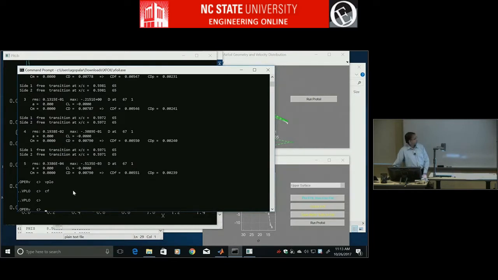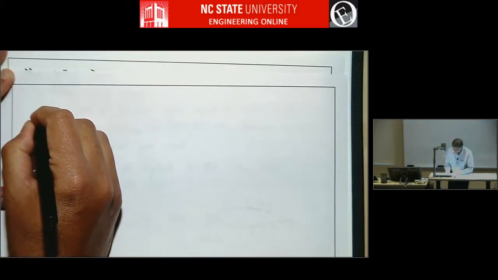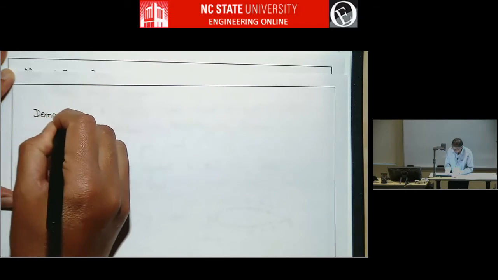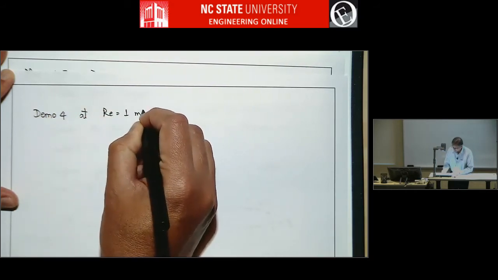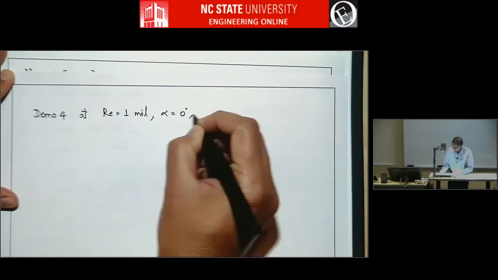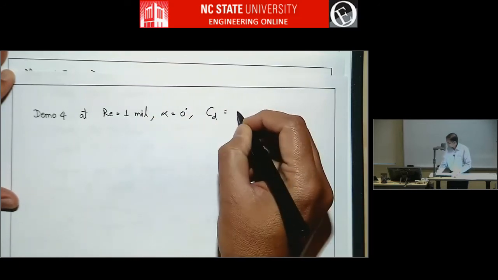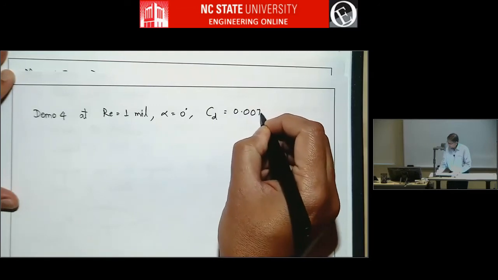And we have the CD. So the CD is 0.00790. So let me write that down. Reynolds number of 1,000,000, alpha equals 0 degrees, CD is 0.00790.